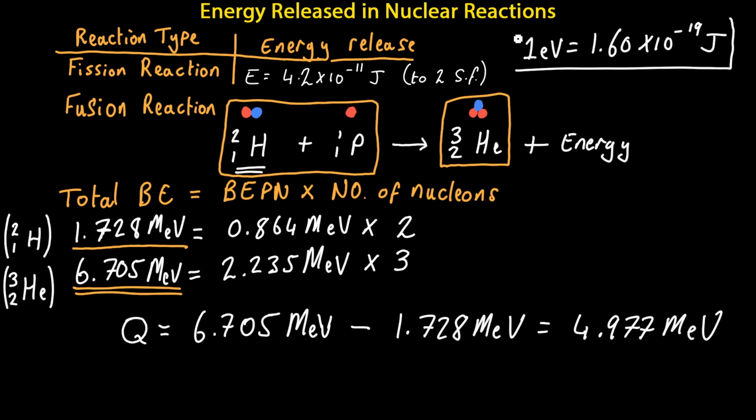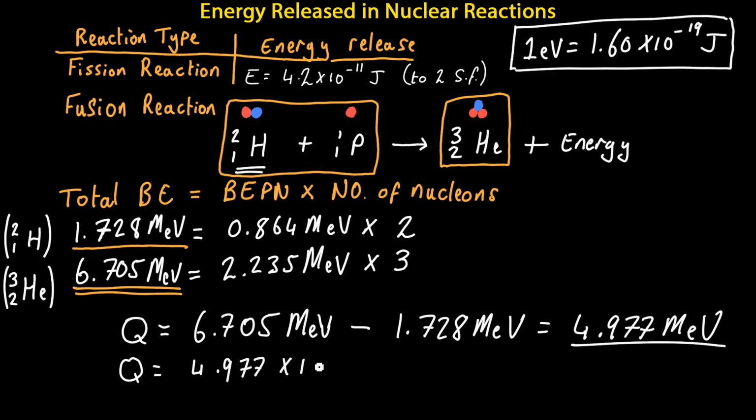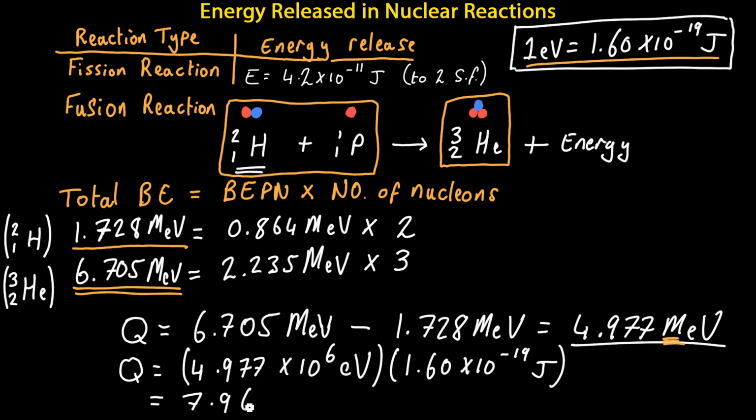So 4.977 megaelectronvolts, and megaelectronvolts means a million electronvolts, then multiplying 1.60 times 10 to the minus 19 joules by 4.977 megaelectronvolts, we end up with a value of 7.96 times 10 to the minus 13 joules. And that's the energy released during this fusion reaction.